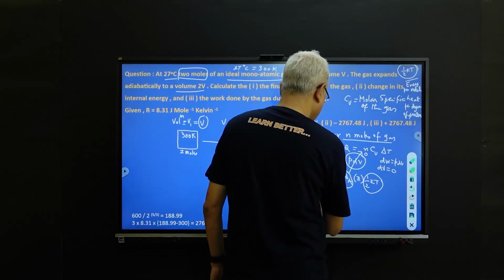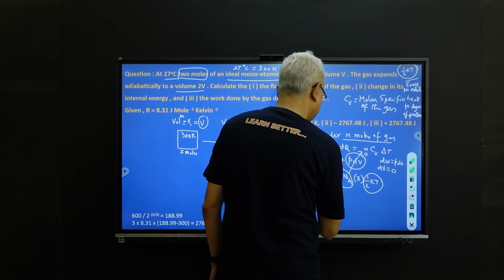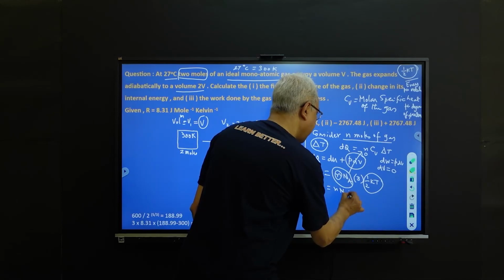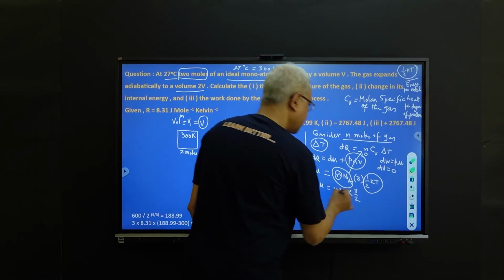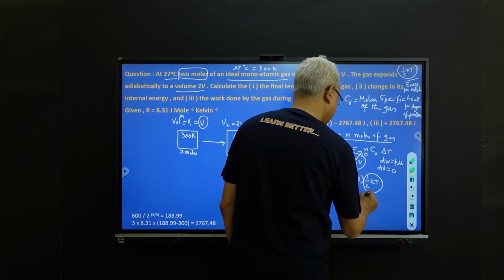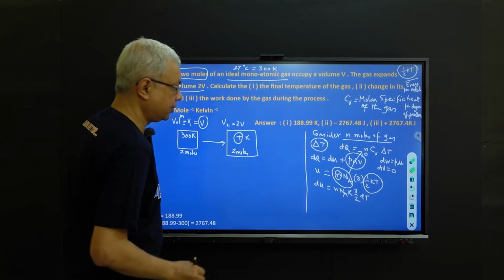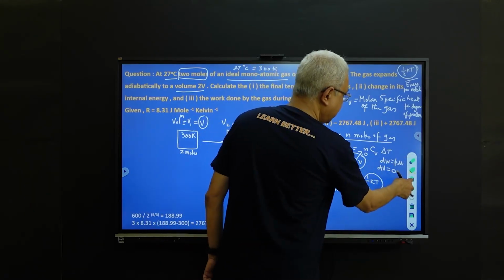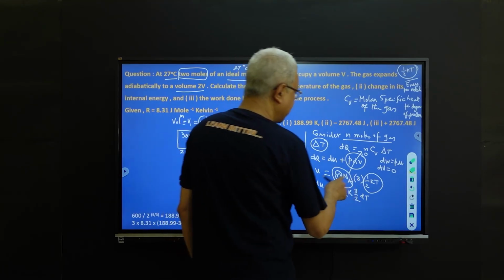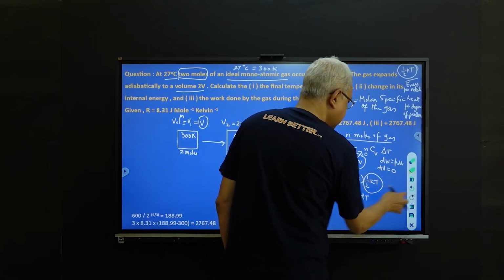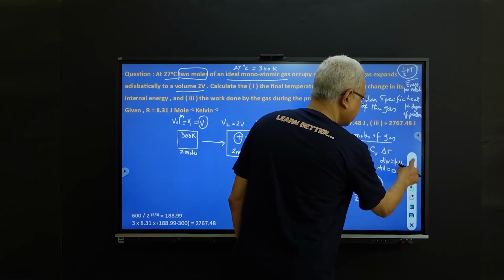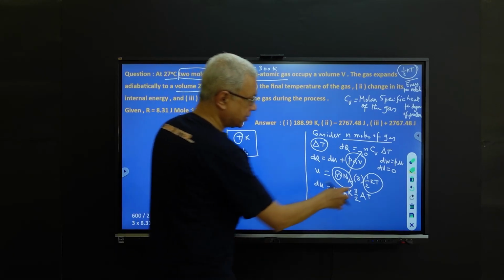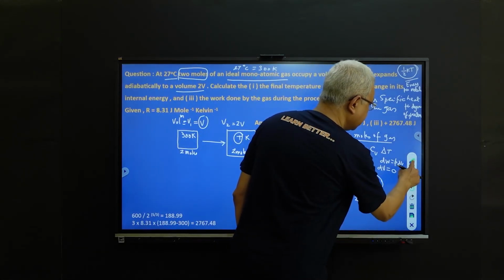So du is actually n Na k 3/2 delta T. Just consider that we are increasing the temperature by delta T amount, the change in temperature.